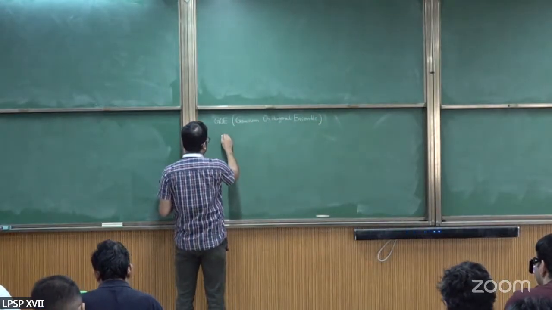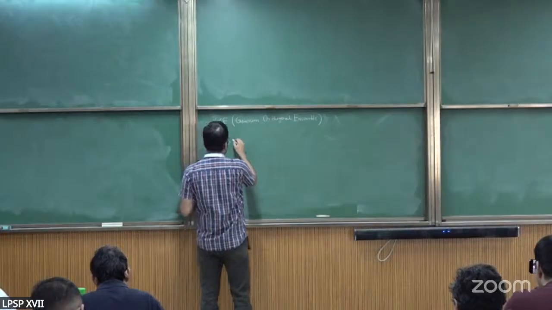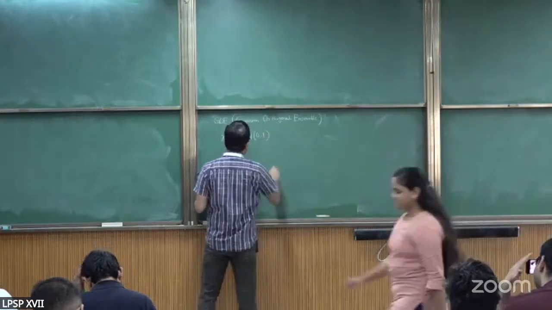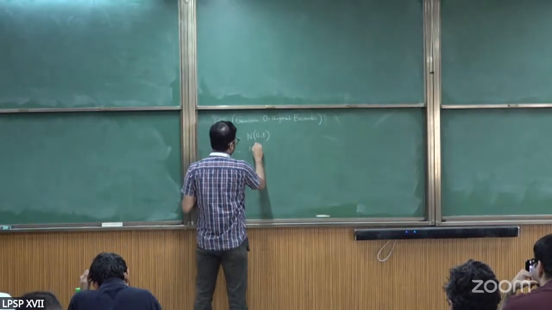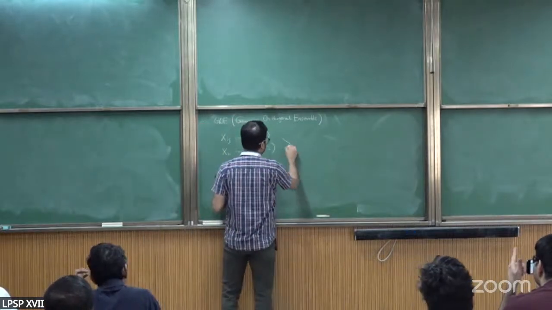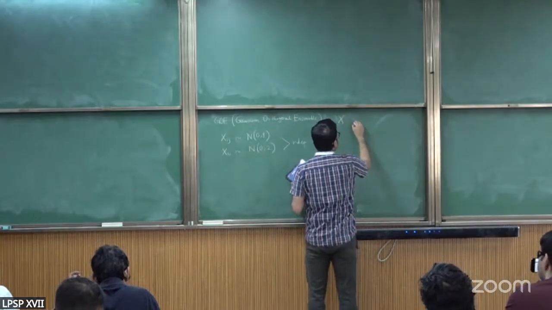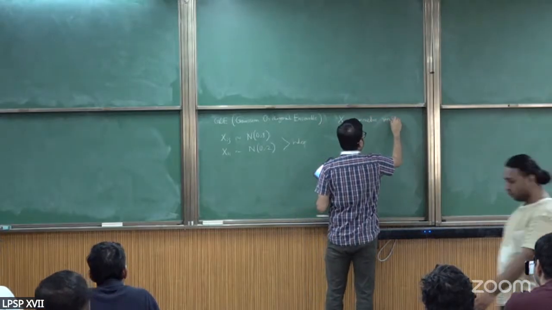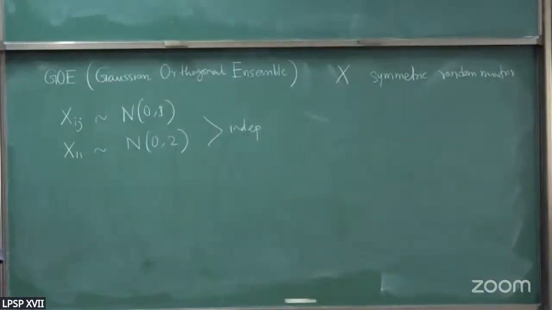Right, so it's a matrix whose off-diagonal entries are independent standard Gaussians, and diagonal entries are Gaussian with variance 2. This is the Gaussian orthogonal ensemble.